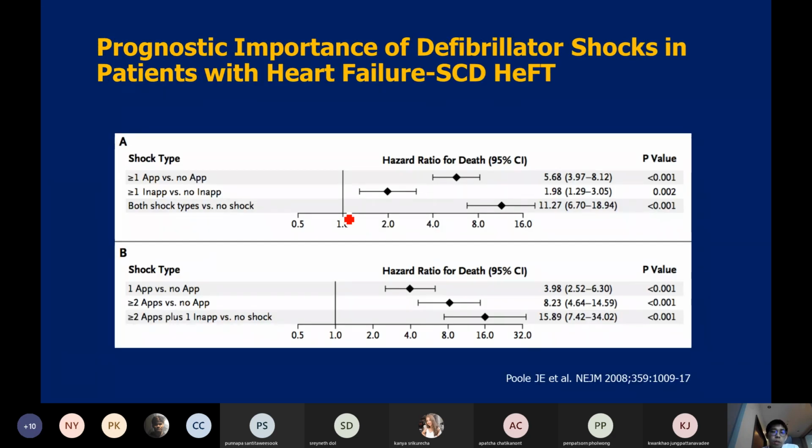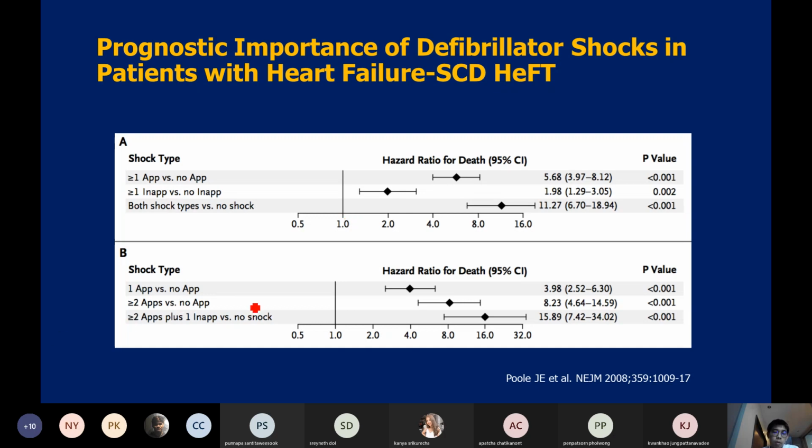This is the prognostic importance of defibrillator shock in patients with heart failure in the SCD-HeFT study. You can see that the patient with more shocks would have a higher hazard ratio than the patient with no shock.